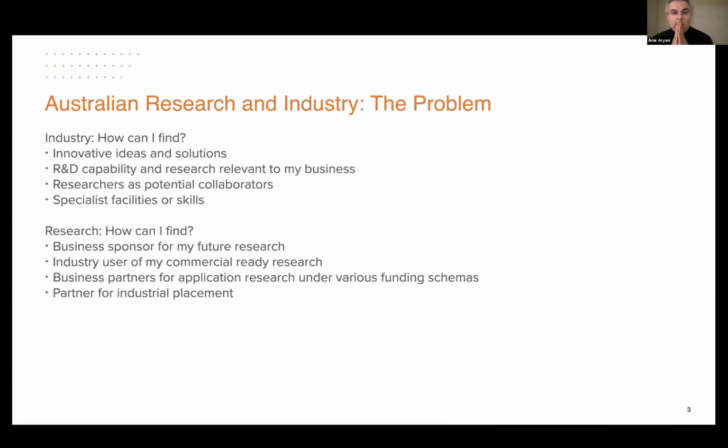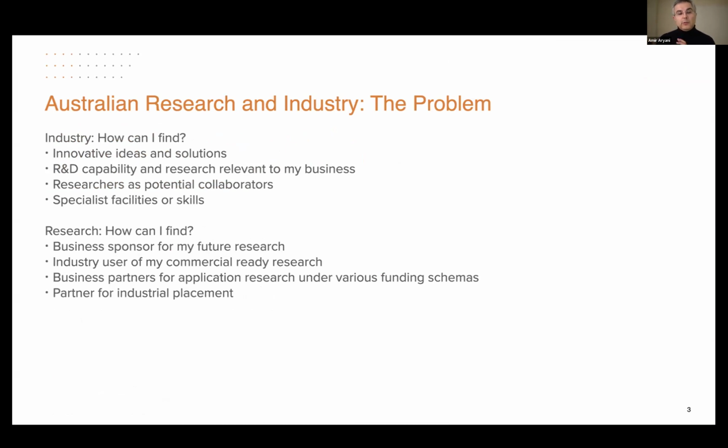If we want to look at the core of the problem, industry wants to know about information related to innovation ideas, the R&D (research and development) capability, the researchers who are potentially very good collaborators with businesses, and the specialized skills and technologies available in Australia.